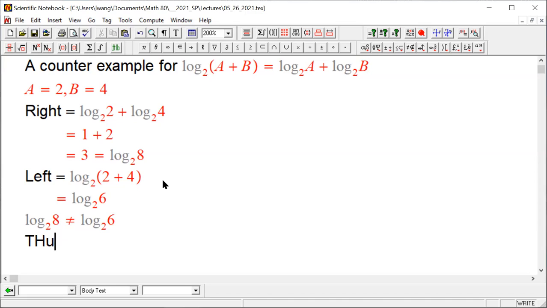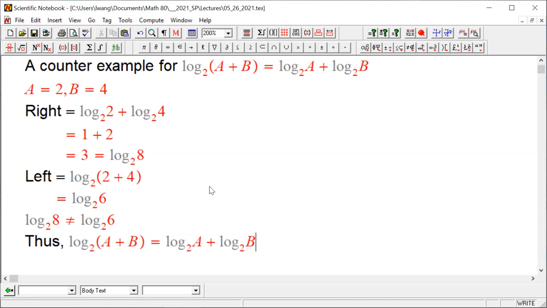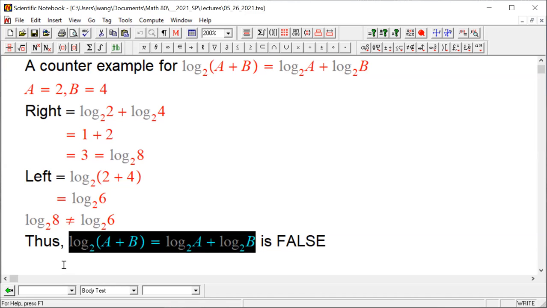Thus, this statement is false. If that statement is false, that's just one case of base 2.